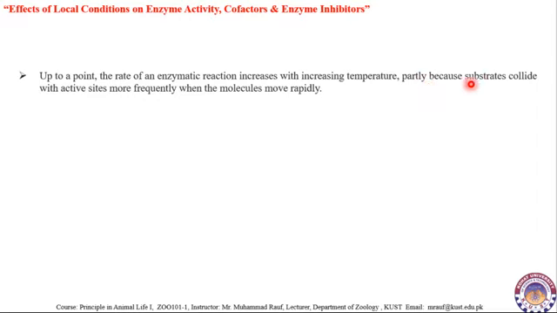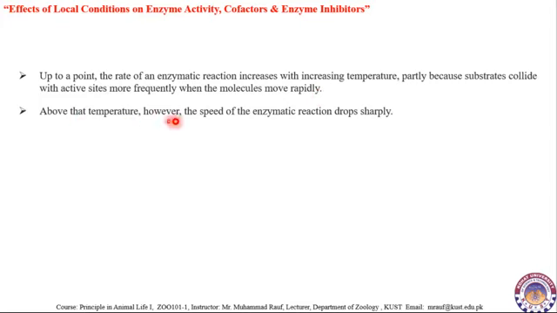It is partly because substrate molecules collide with the active site more frequently when the molecules move rapidly. So when the temperature increases, the substrate molecules are excited, and there is more probability that they will collide with the active sites of the enzyme, and the products will be formed.